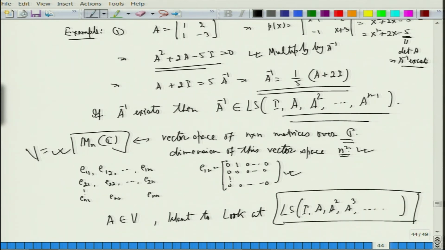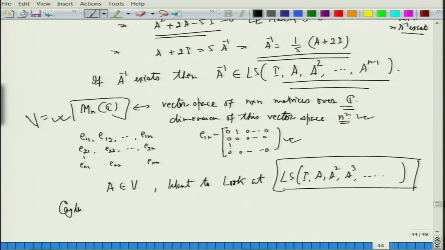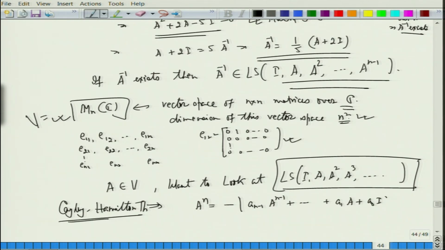The Cayley-Hamilton theorem implies that I can write A to the power n as minus of a n minus 1 times A to the power n minus 1, plus so on, plus a1 times A plus a0 times identity. So, this linear span is nothing but the linear span of I, A, A square, till A to the power n minus 1.